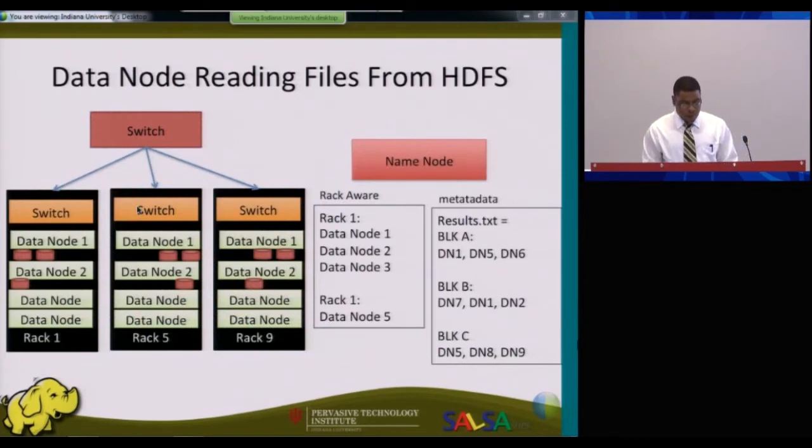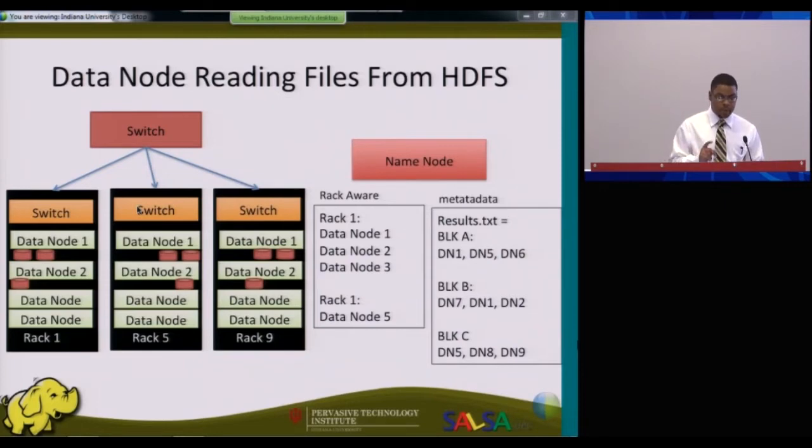There are some cases where the data node needs to read from the HDFS, possibly to process this data. But sometimes the data is not local, so it needs to fetch it. So it needs to ask the name node where this data is, and the name node may have to go across the network.